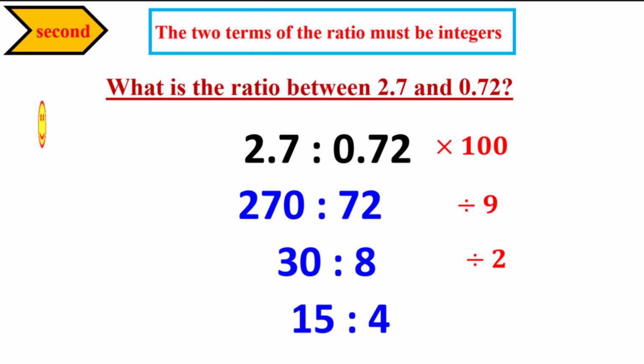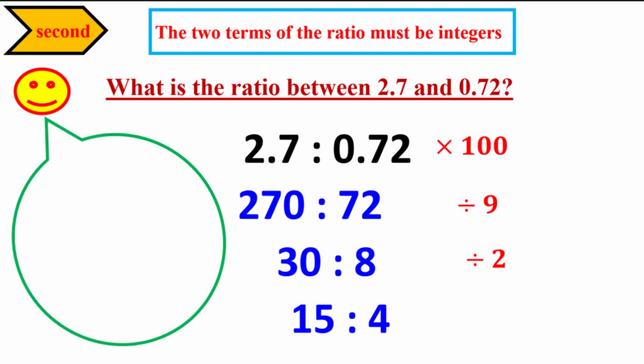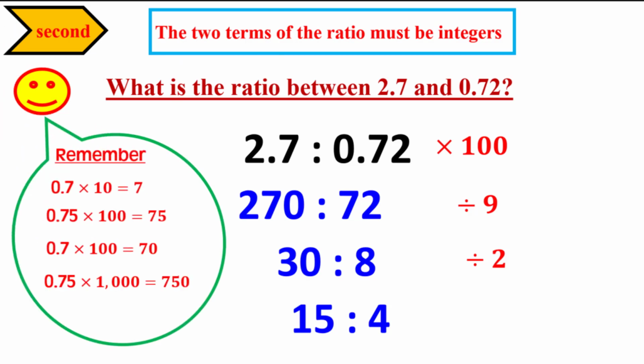Don't forget the rule. How can we multiply by 10, by 100, by 1000? If we have 0.7 times 10, equals what? Equals 7. 0.75 times 100, we get rid of the decimal point, it will be a whole number, 75.